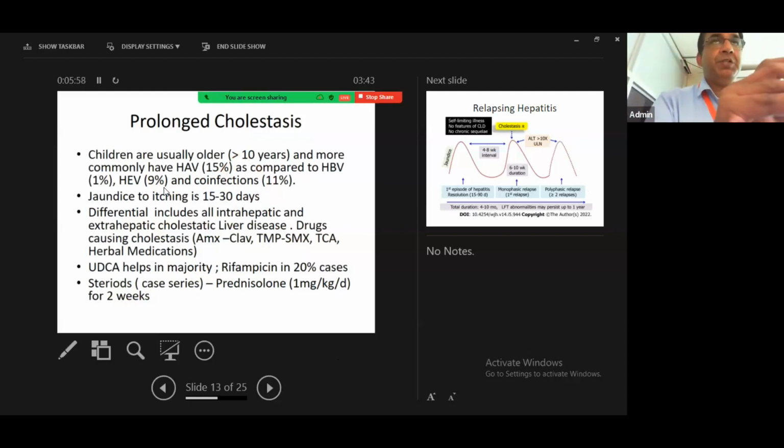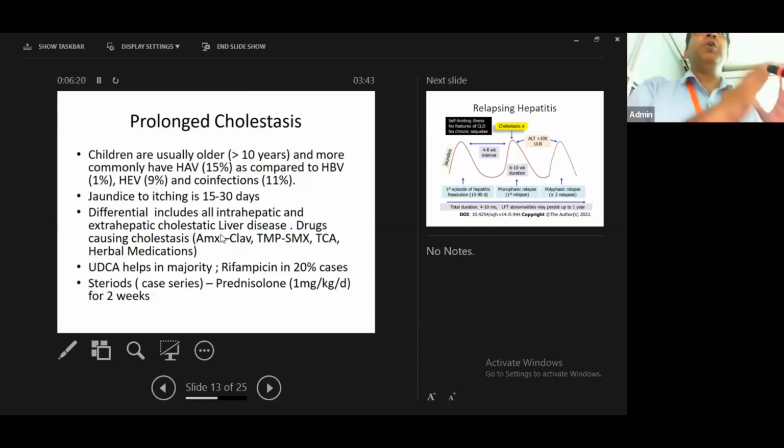We always need to take a history of other intrahepatic and extrahepatic causes as differentials to cholestasis in hepatitis A virus. However, an important history is also drug-induced cholestasis. Drugs which can cause cholestasis can mimic cholestasis-associated viral hepatitis.